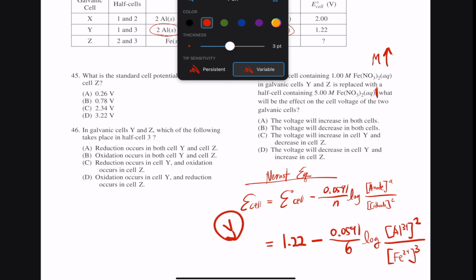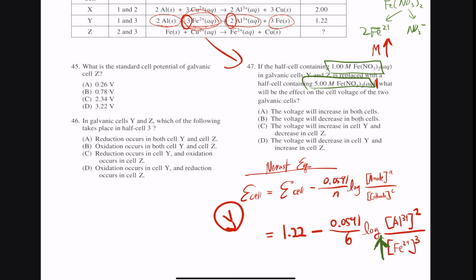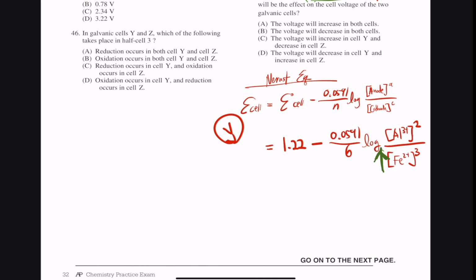If you have a higher concentration of the iron 2 nitrate, which is going to eventually dissociate into Fe2 plus and NO3 minus, 2 of that to be exact, then what happens? This thing goes up, so your denominator is going up. I understand this is log, but remember, log of a big number is a big number.